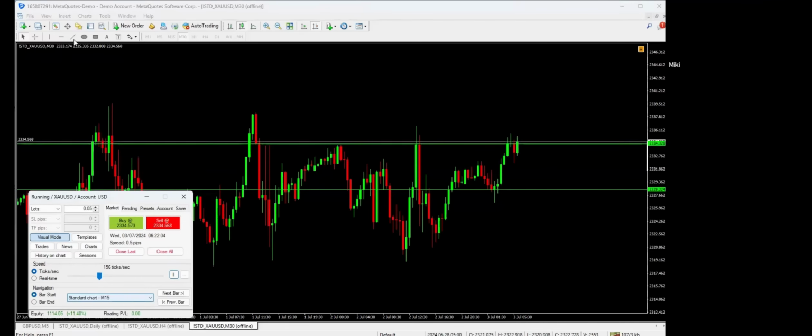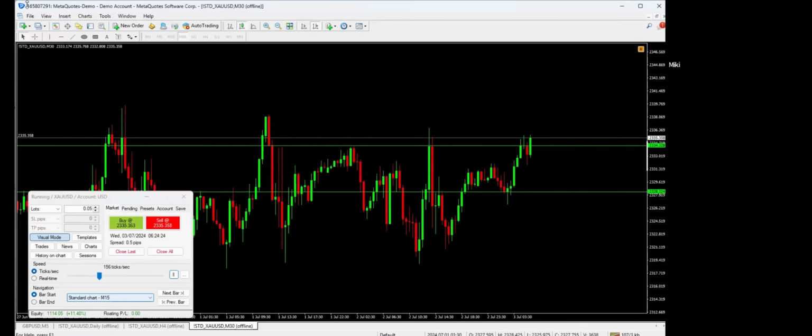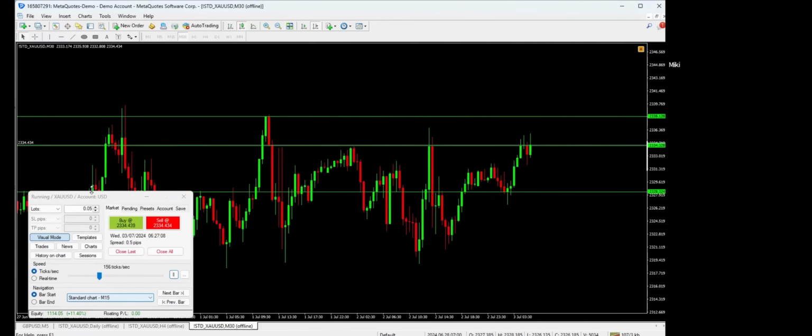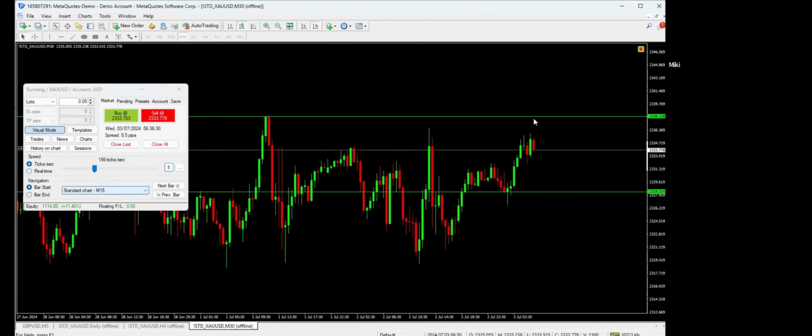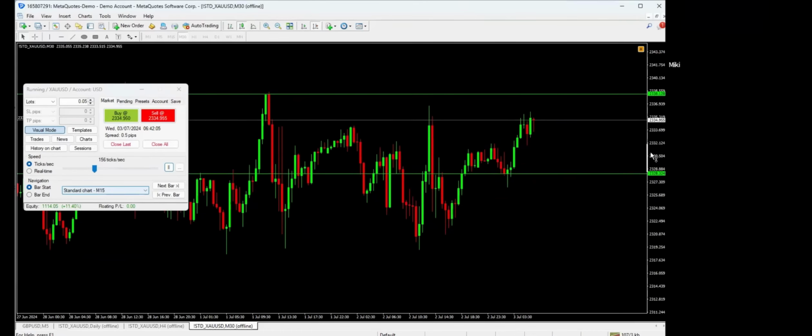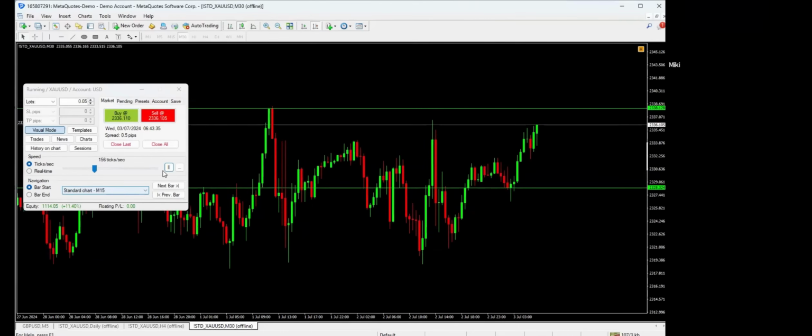And we also have this resistance here. Let's see what price does at that resistance too. Because we've broken this level now, so it's no longer valid. But I'm interested in some sells at this resistance if it holds. No, the structure is very bullish.